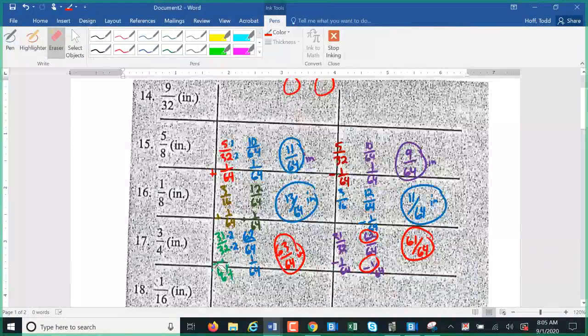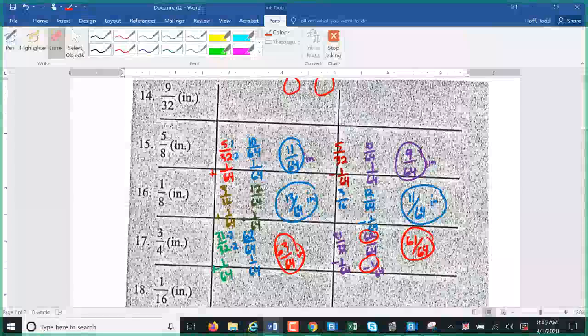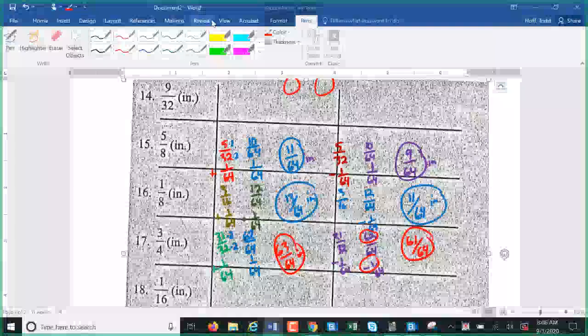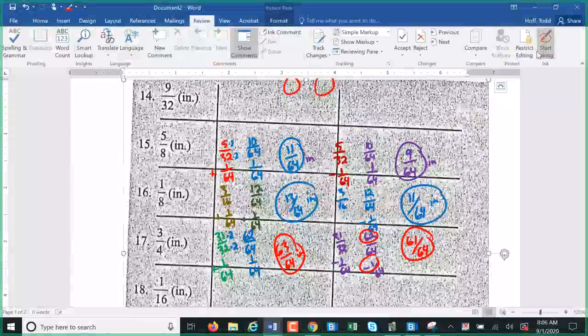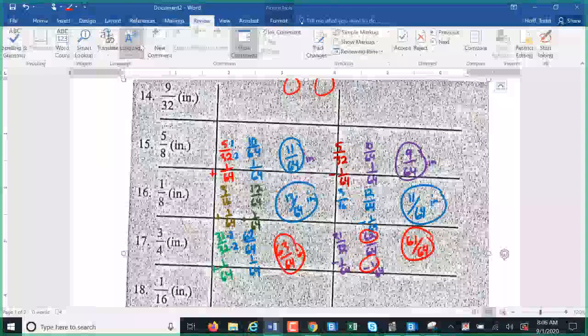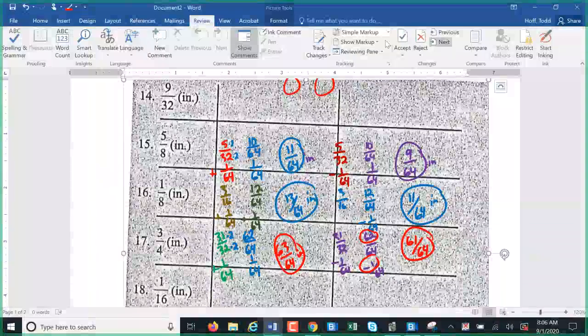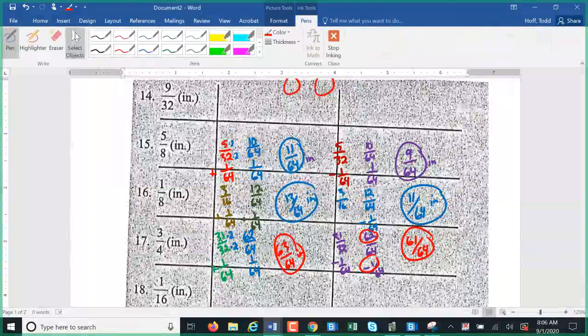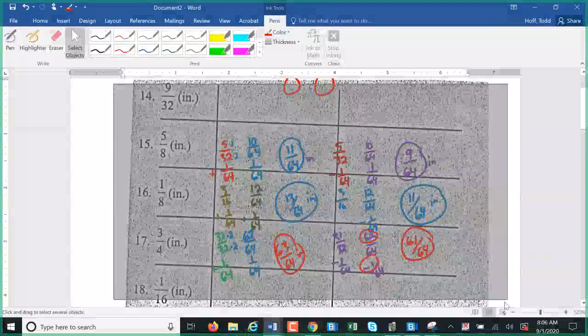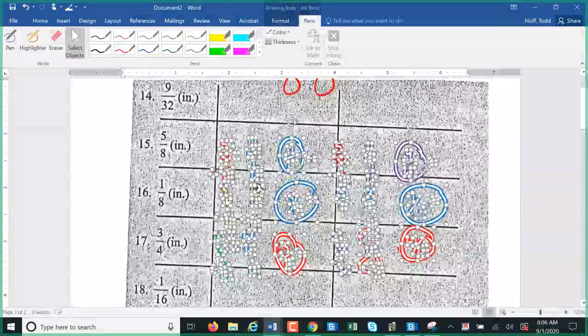It won't erase my inking. Oh well. We'll make do.